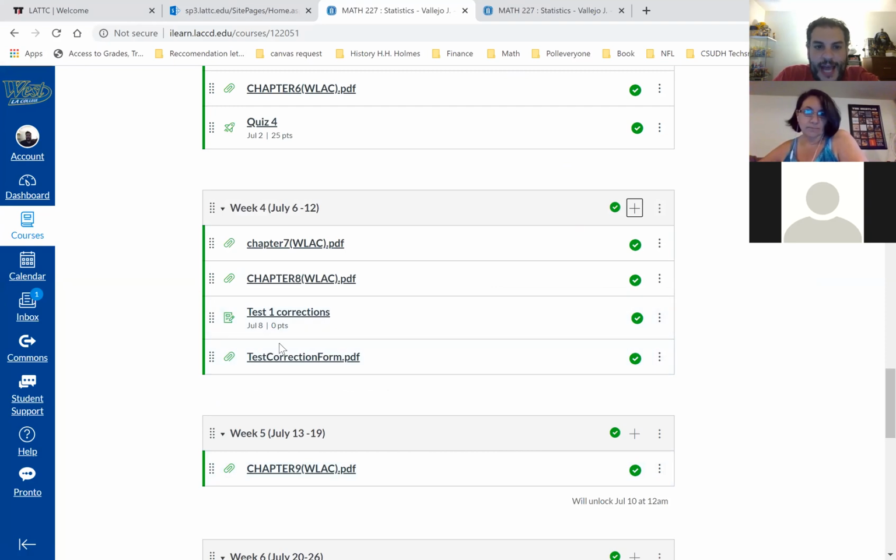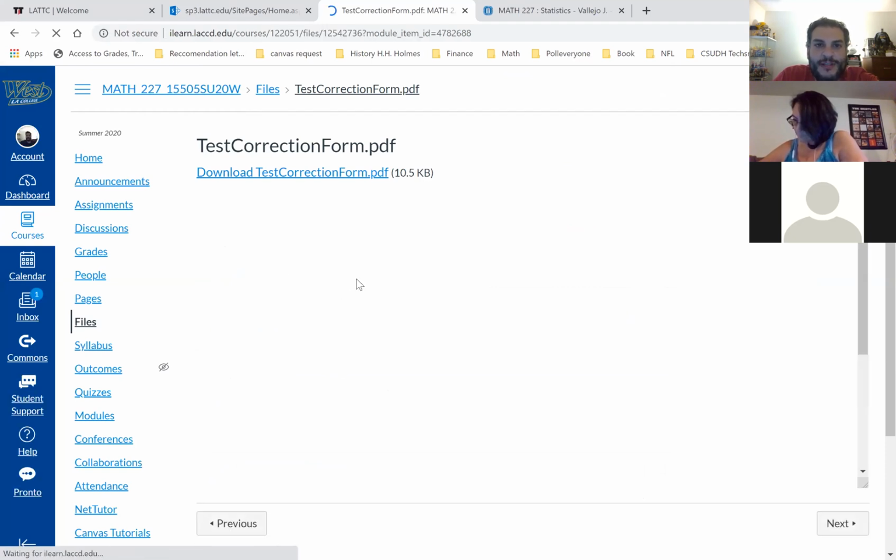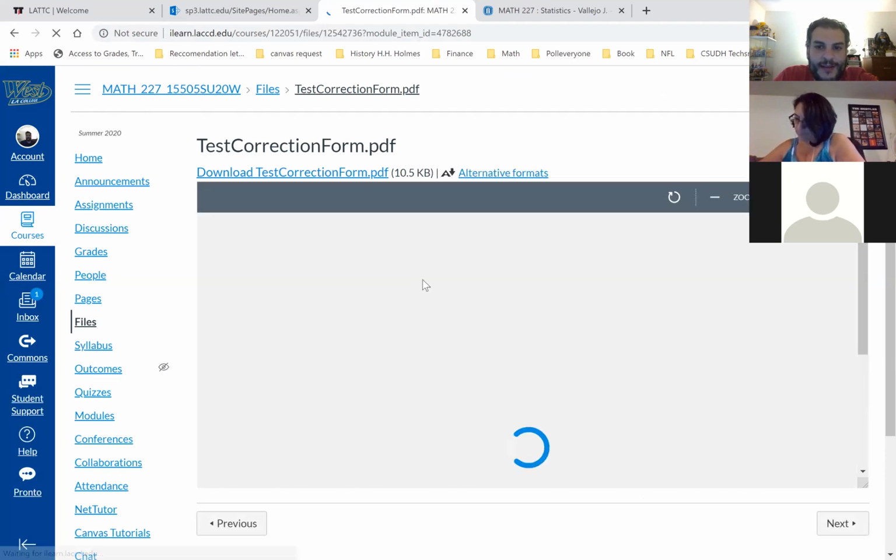All right, so I attached the test correction form right here. So you do not have to print this out, but I do want you to keep the same format.